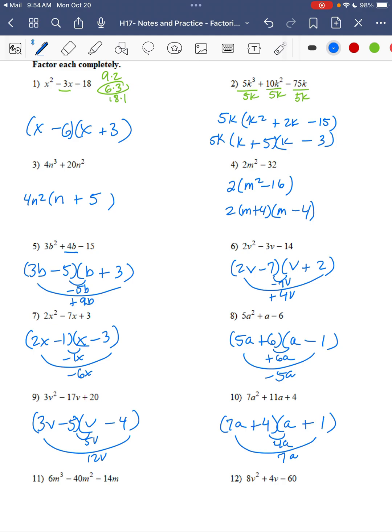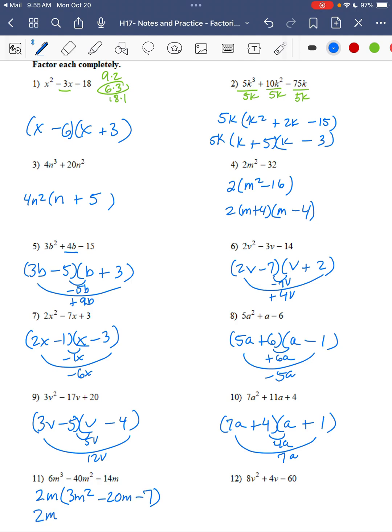All right, this next one. So these numbers are pretty big. Also have these m's everywhere. So that kind of indicates to me I'm going to take out a GCF. So 1m can come out, and let's see, I think these all divide by 2, not 3 or 6. Okay, so take a 2m out, which leaves me with 3m squared minus 20m minus 7. So that looks all nice and clean, no GCF left.